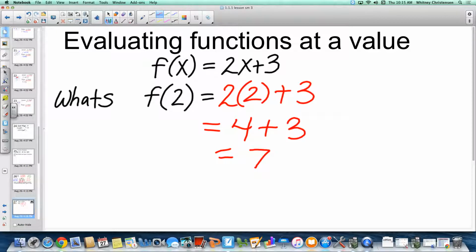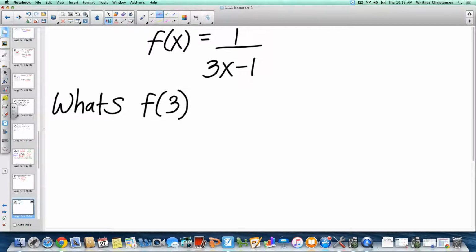Let's do another one. F of x is equal to 1 over 3x minus 1. What's f of 3? What do you think I'm going to do? Plug in a 3. So f of 3, does everybody see instead of an x there's a 3? So I'm substituting in a 3. So I have 1 over 3 times what? 3 minus 1.